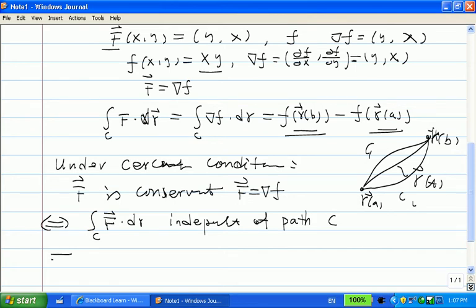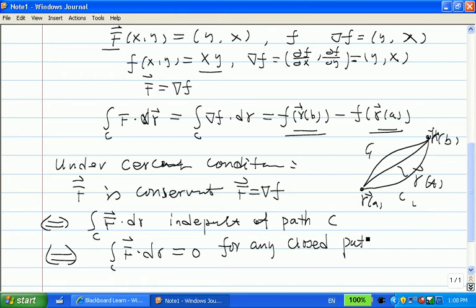And the line integral being independent of path is equivalent to this line integral equal to 0 for any closed path C. Okay, what do we mean by closed path?